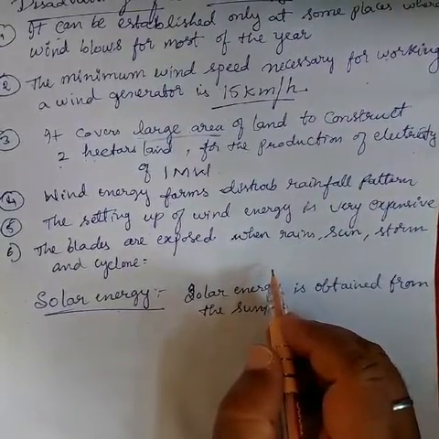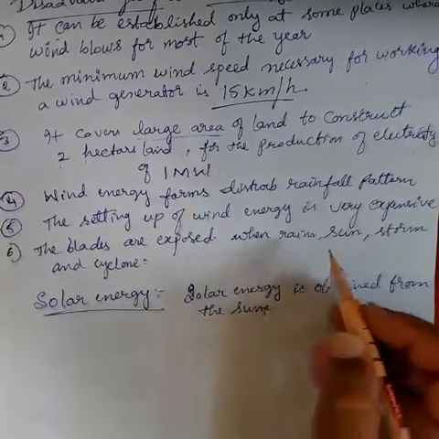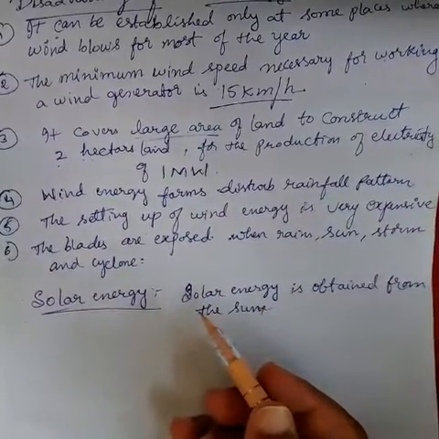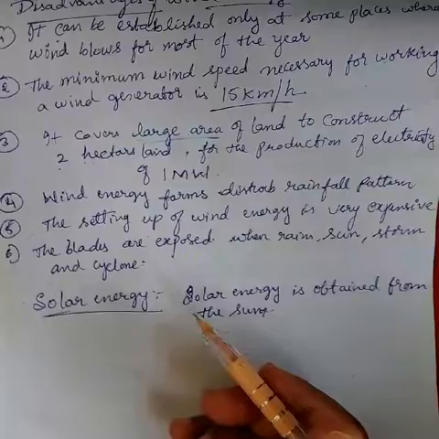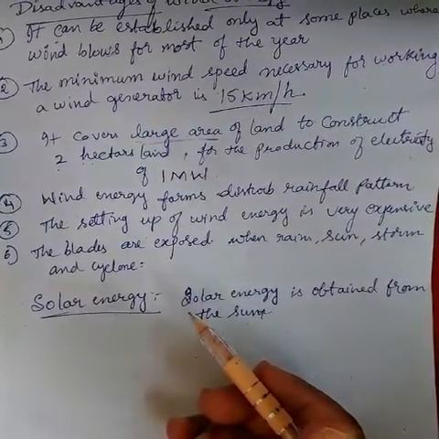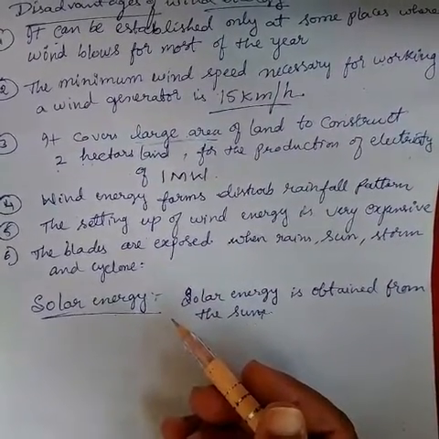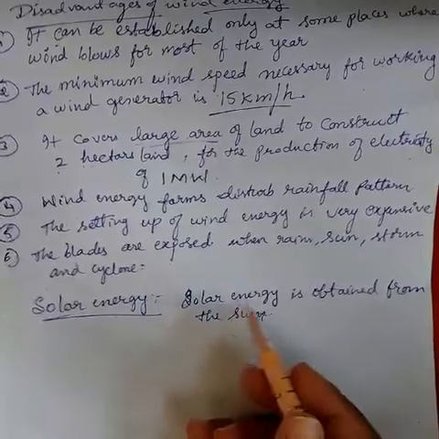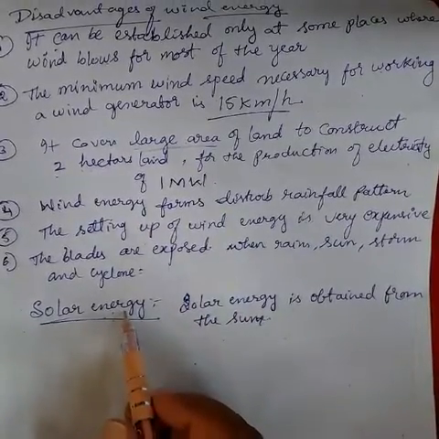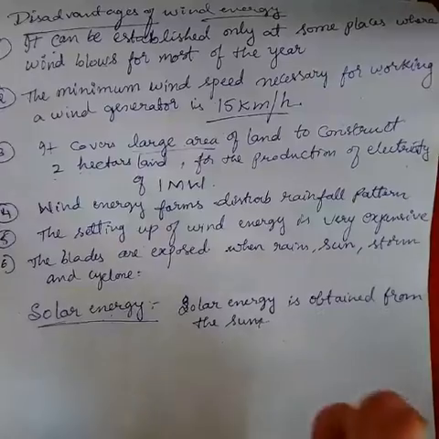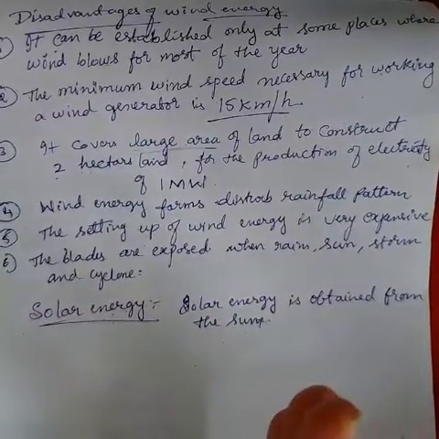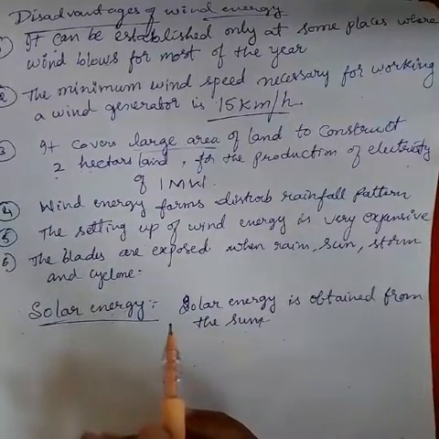Now you know that solar energy was used in a traditional way for drying clothes. We also use solar energy for obtaining salt from the sea, where an evaporation process takes place first.